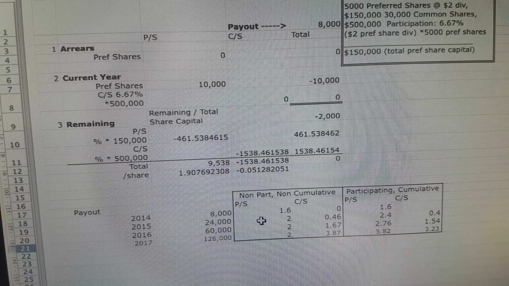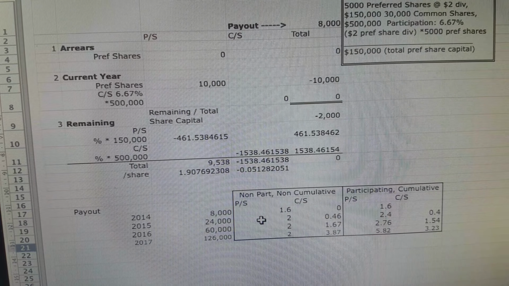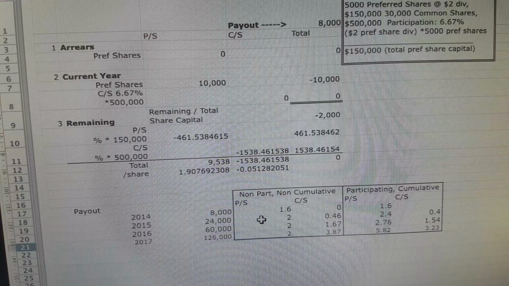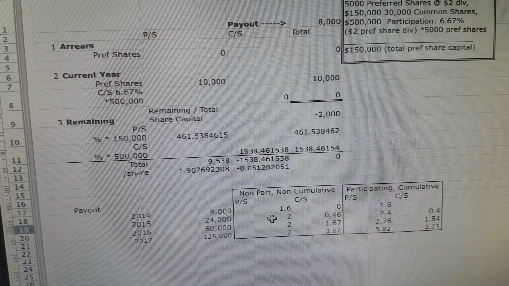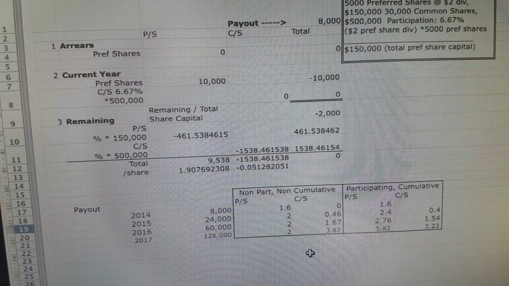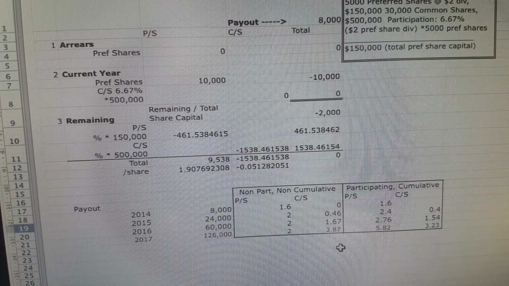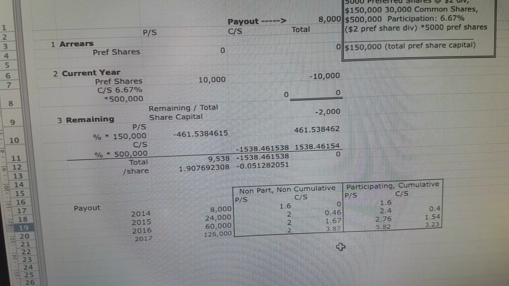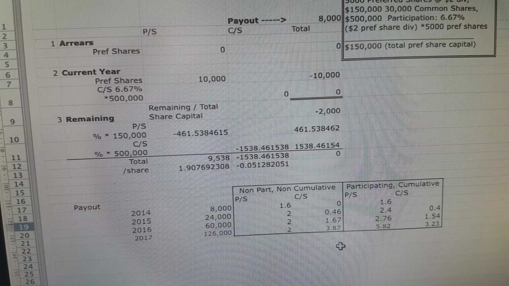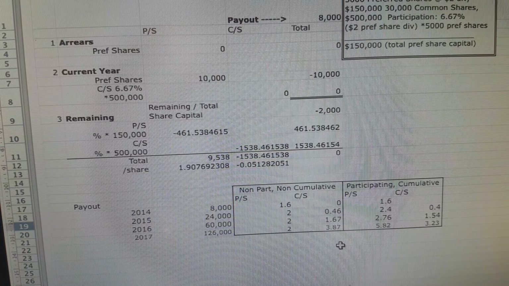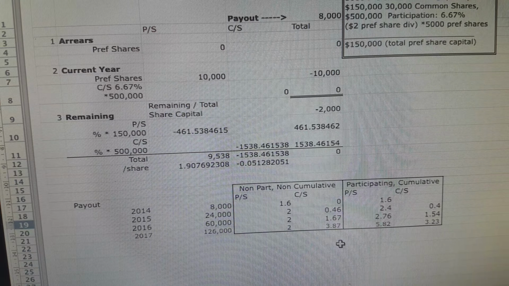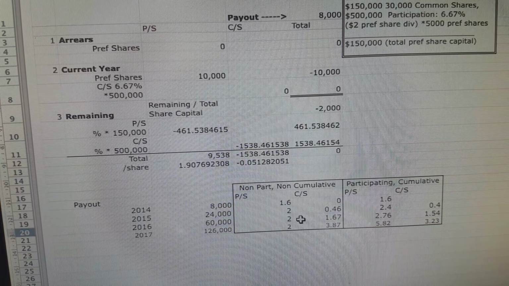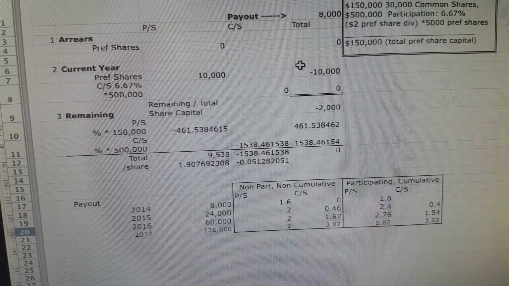So the 10,000 would be given to the preferred shares, and then the remaining would go to the common shares. For question 2, 10,000 would go to the preferred shares, and then the 14,000 would get divvied among the common shareholders. So the 14,000 would be divided by 30,000, which is the number of common shares, and so on and so forth. That is part A. Not too bad, right?